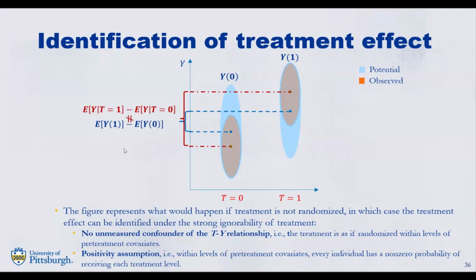So we do need individuals to provide counterfactual information for those in the other group. But in your sample, if one or more subgroups are never or rarely observed to receive a treatment level, then no or little information would be available for inference about those subgroups' counterfactual outcome.